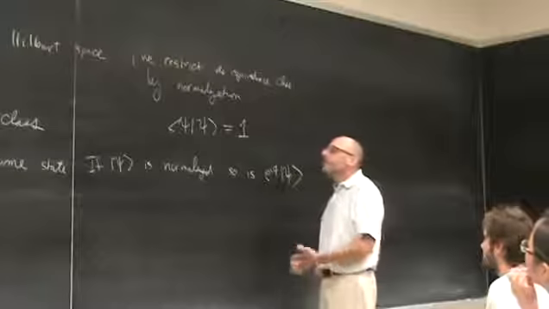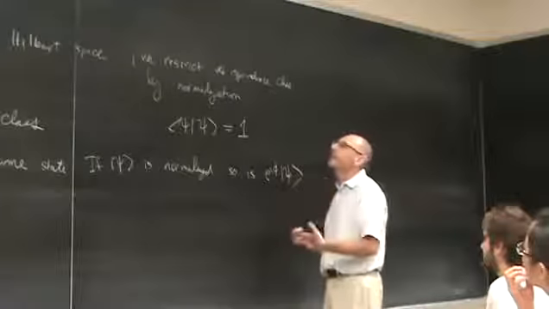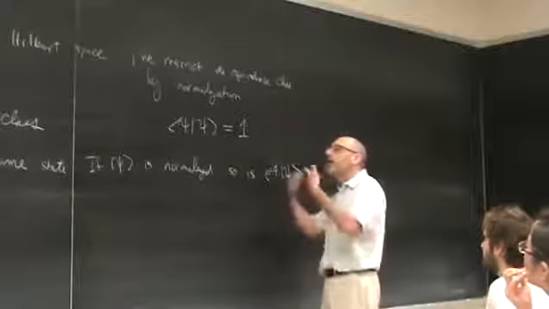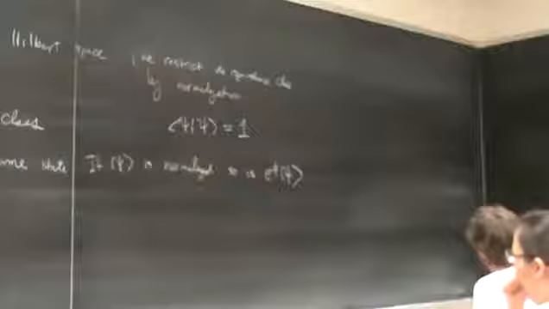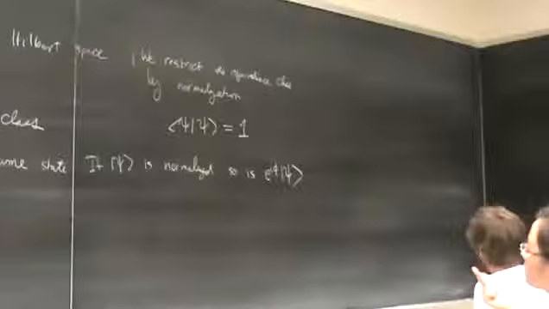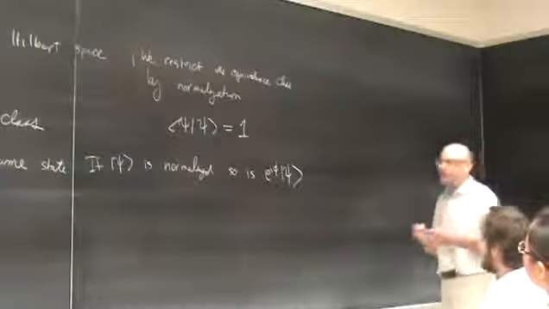So there's still an ambiguity, still an equivalence class of vectors in Hilbert space, all of which represent the same state, even if I restrict it to be normalized.